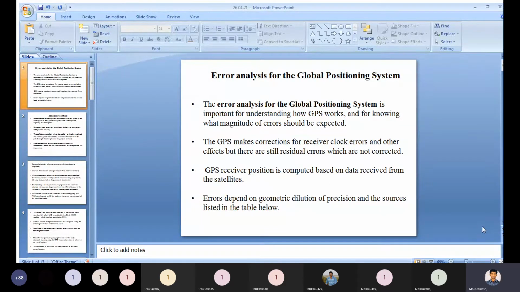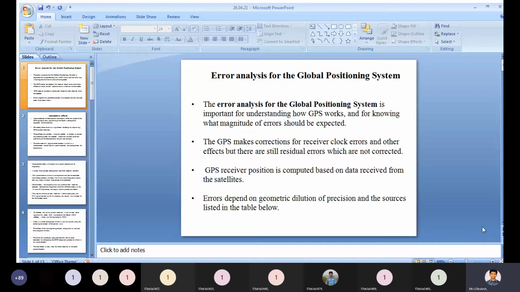The global positioning system makes corrections for receiver clock errors.